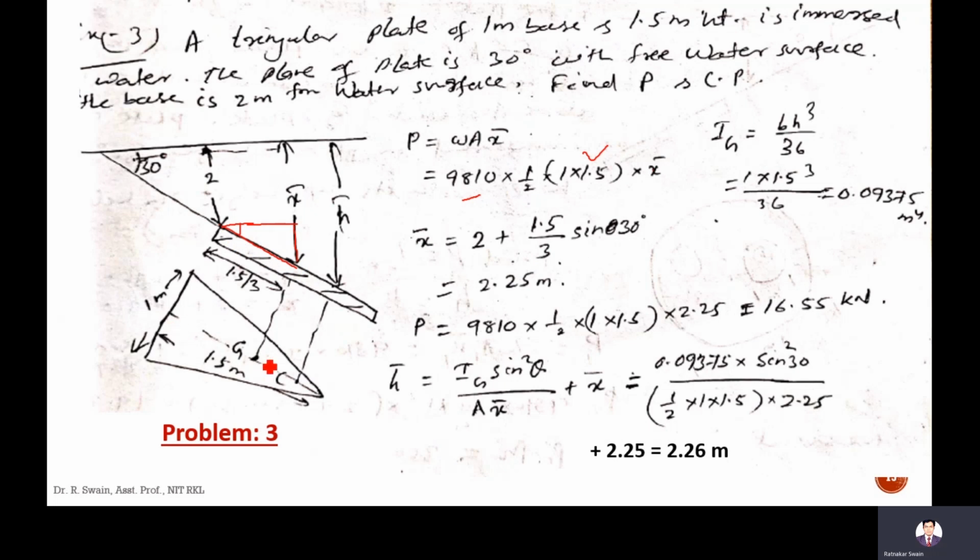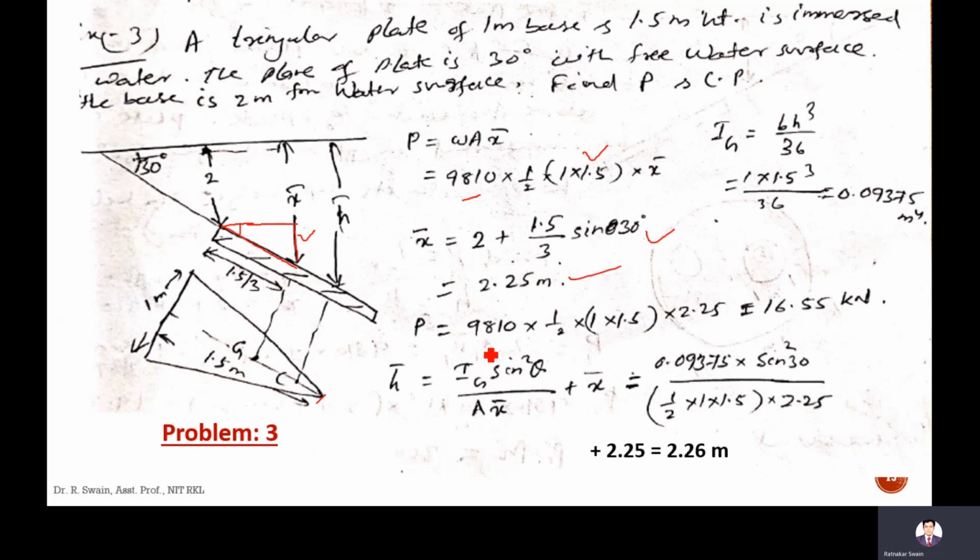So x bar will be 2 plus this length. What is this length? That is 1.5 by 3, means this distance divided by sin 30. So it will be 2.25 meter.